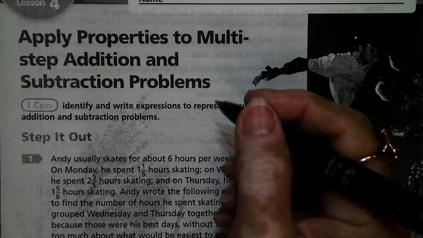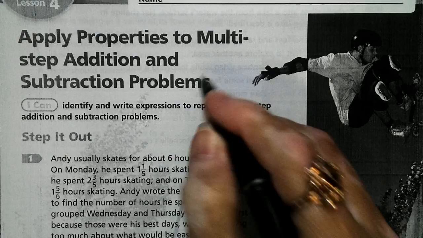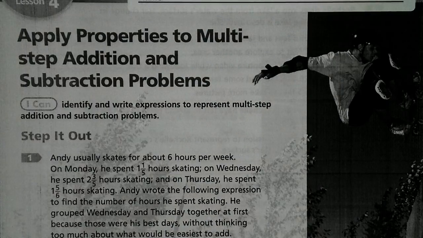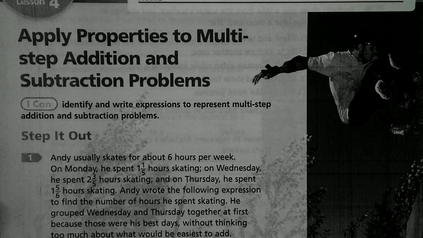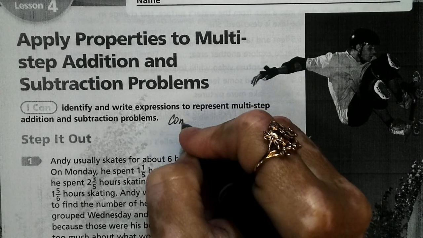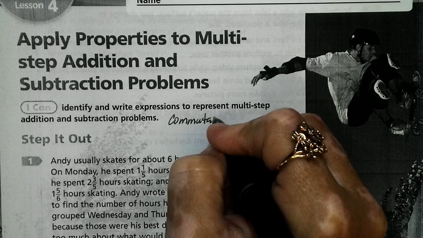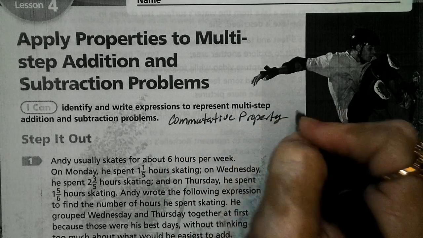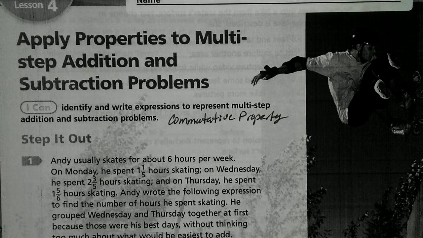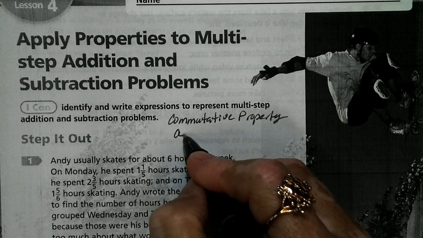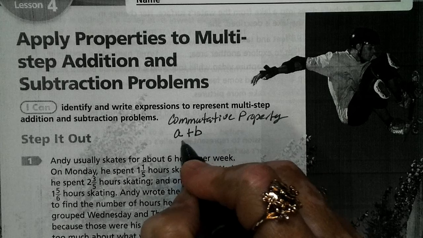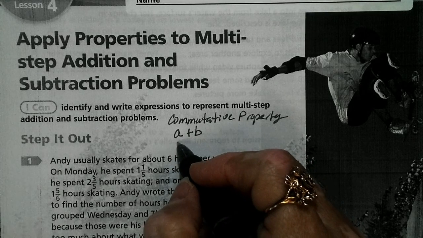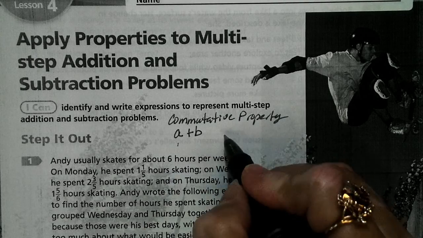Okay? So the commutative property states that if I have A plus B, and A and B can be any number, so it can be a rational number, which is a fraction or a decimal, or it could be an integer.